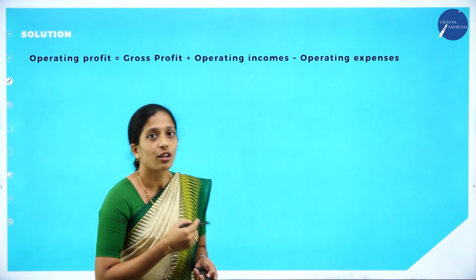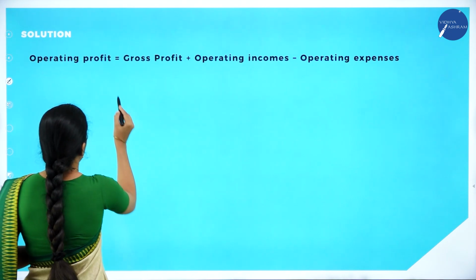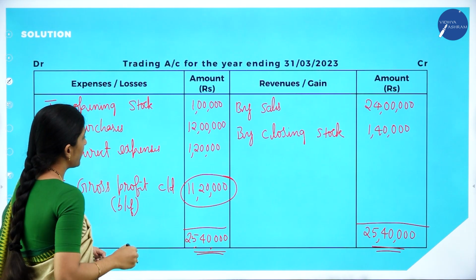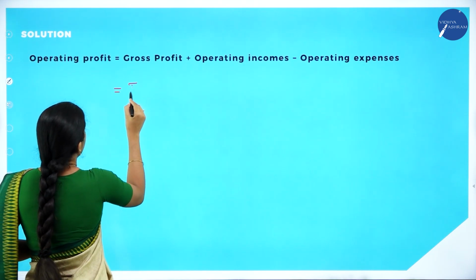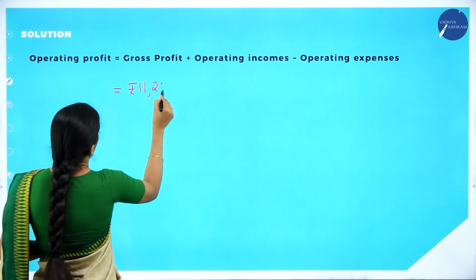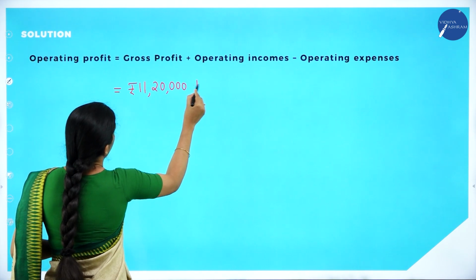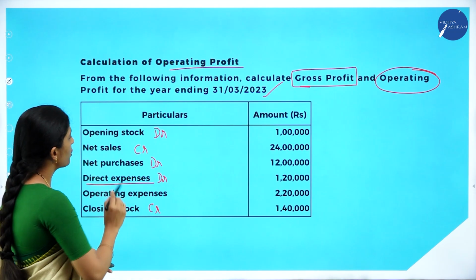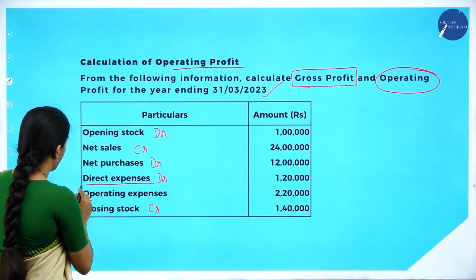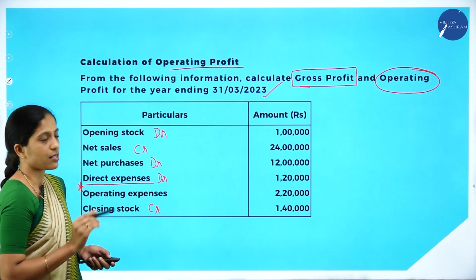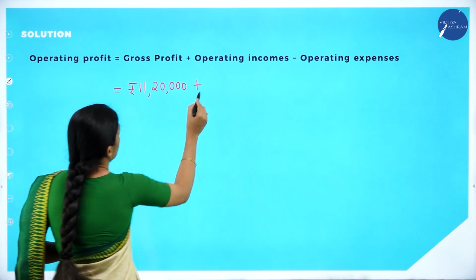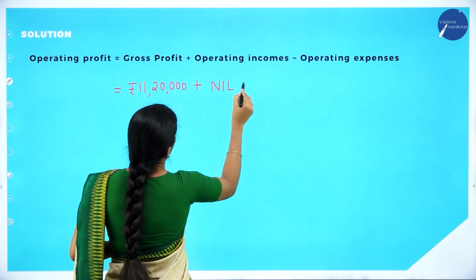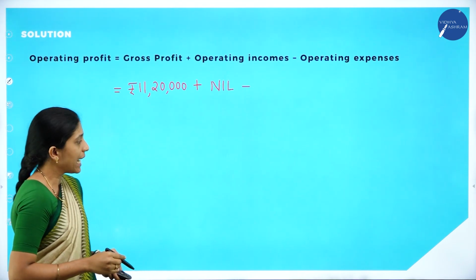Now using this gross profit, we shall calculate the operating profit. So how much is gross profit? Rupees 11,20,000 plus, if you see the problem, there is no operating income, but they have given operating expenses. So operating income is nil, minus operating expenses.